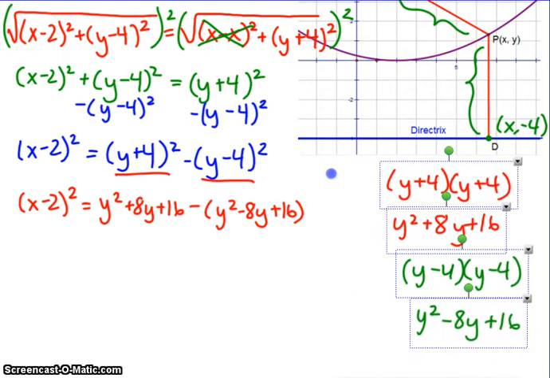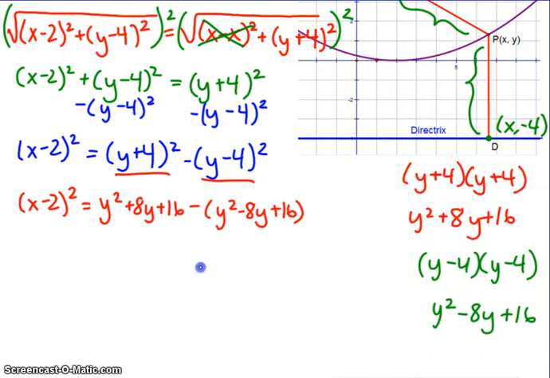Alright, so I'm going to take this information and slide it off to the side because that was our side note. Remember that whenever you are subtracting two polynomials, you distribute the negative and add the opposite signs. Okay, so y squared plus a y squared is 0, 8y plus 8y is 16y, and 16 plus a negative 16 is 0.